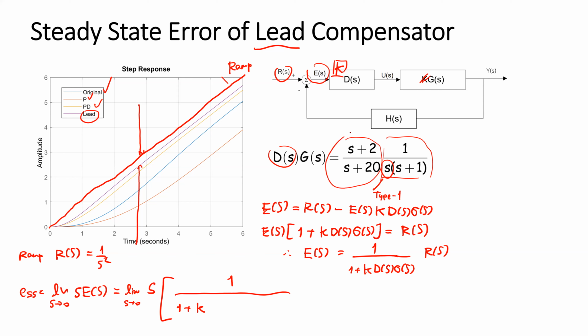We have the lead compensator from our first example, and we have the system also from our first example. And the input is a ramp.